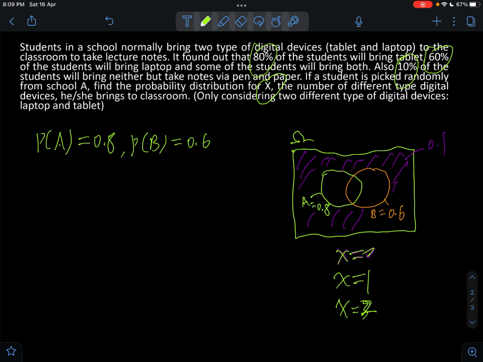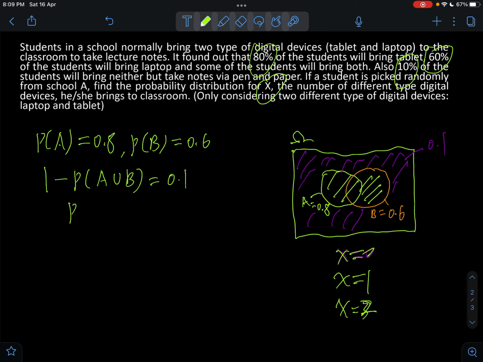So this is the entire sample space minus the probability of A union B. So A union B is this particular area. And the complement of A union B is the purple area, which represents the students who bring neither laptop nor tablet into the university.